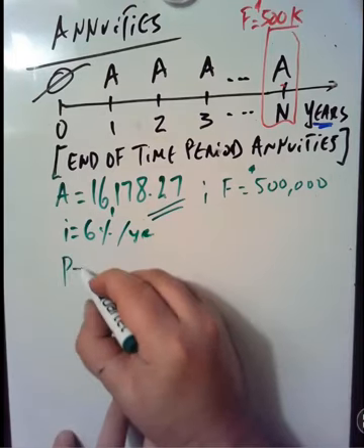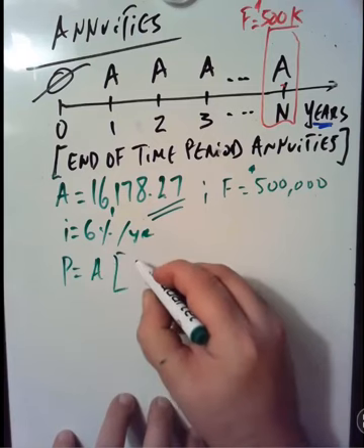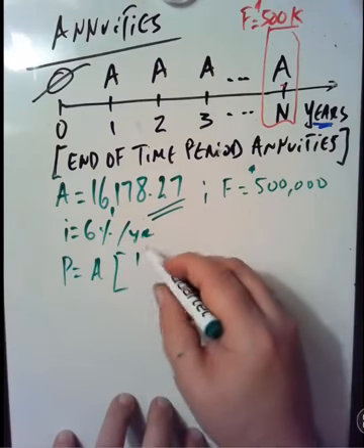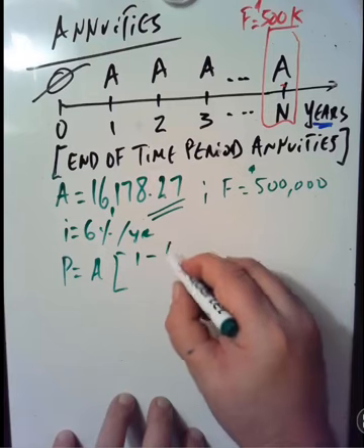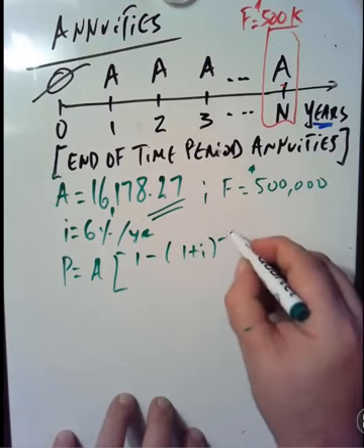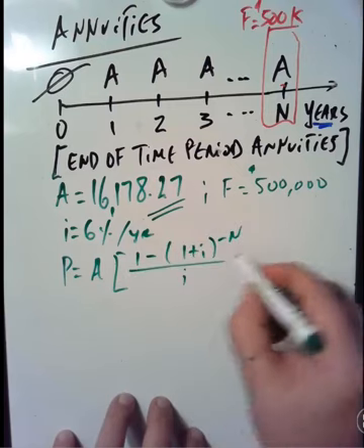The present value of an annuity formula is given by A times 1 minus (1 plus the interest rate) to the power of minus n, divided by the interest rate.